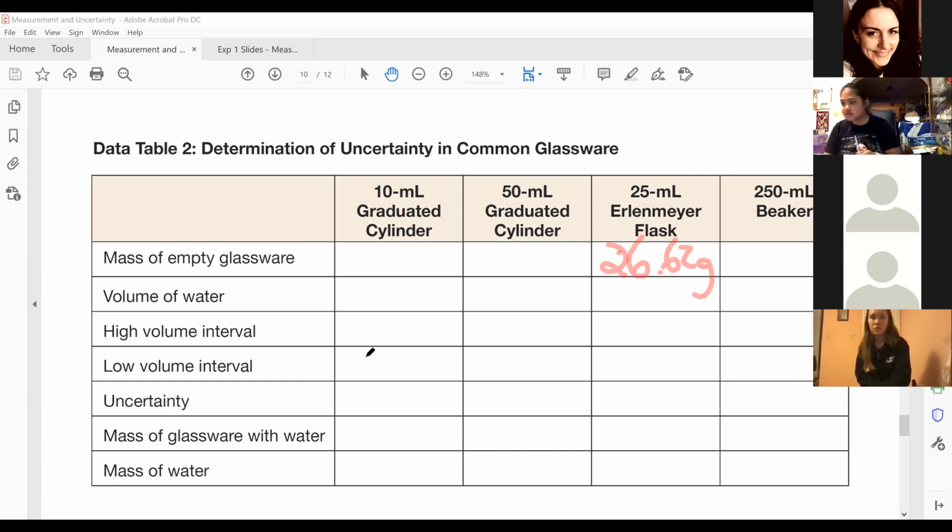Then I'm going to try and put around 17 mils of water in here. But wait, don't you record that? I have recorded that. I just wrote it down, 26.62 grams. Okay. That's my mass of empty glassware.